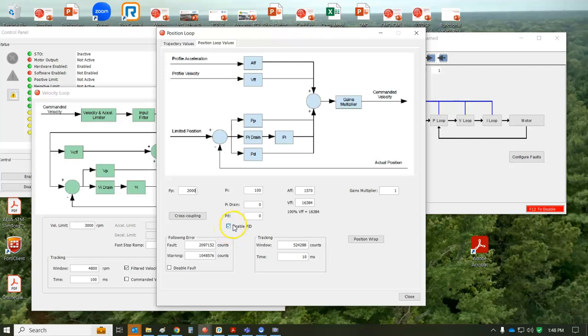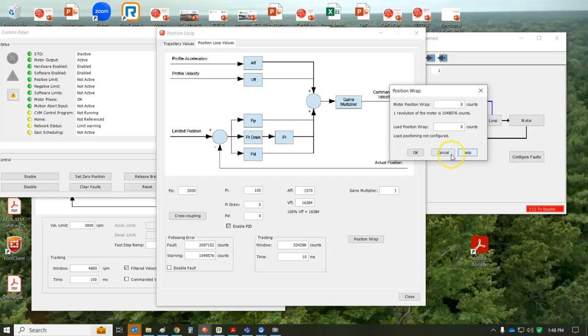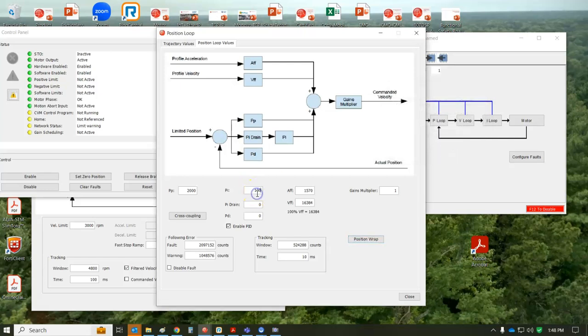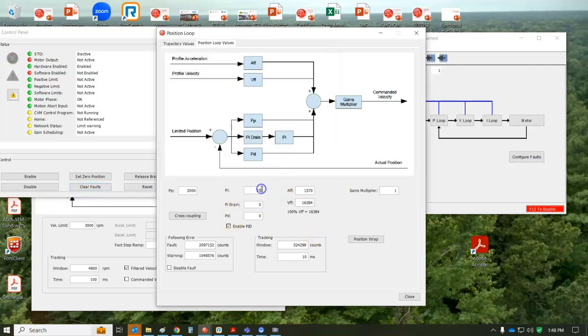I've got a PID here now, so I'm going to try to jog it in a position mode. Looks like I'm going to have to do some tuning on that. That's a little bit of a bumpy ride. So what happens if I over integrate it? Oh, that's not good. Yeah, overdid the current.